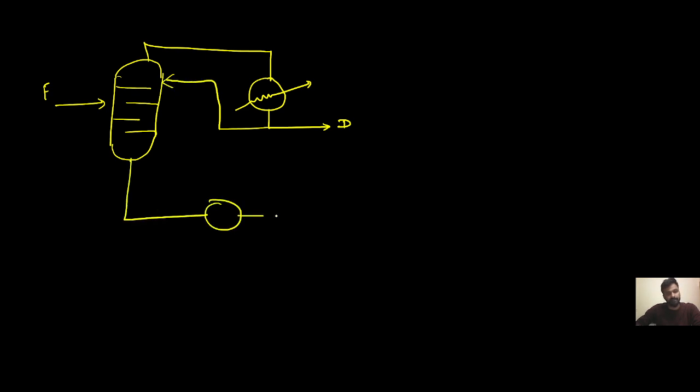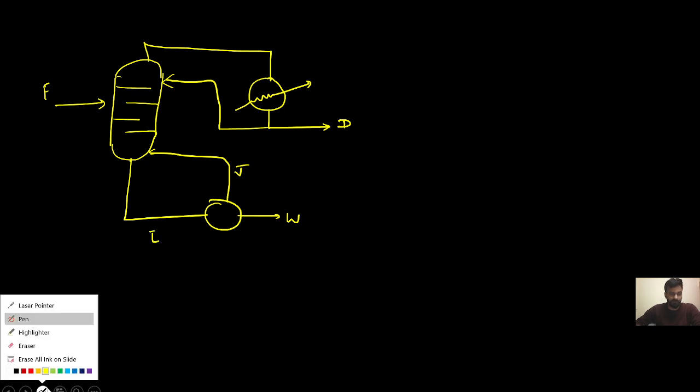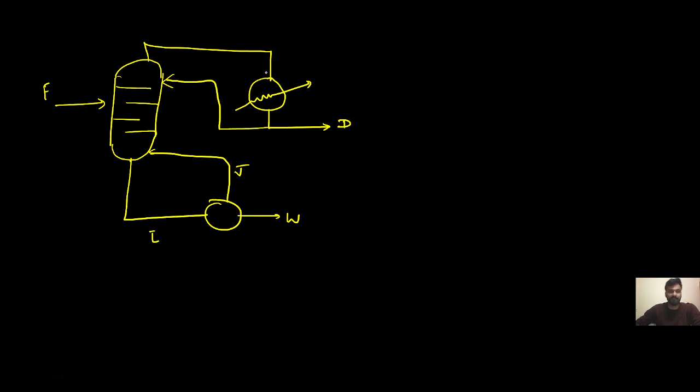From the top the vapor will come to the condenser, and a part of the condensate will go for the distillate, and a part will get returned back to the top of the distillation column, right? And this is a reboiler, so here it will be W, and a part will get returned back as V bar, and here L bar. This schematic you all know, so I'm not going to discuss all these parts. Here it will be V, here it will be L.